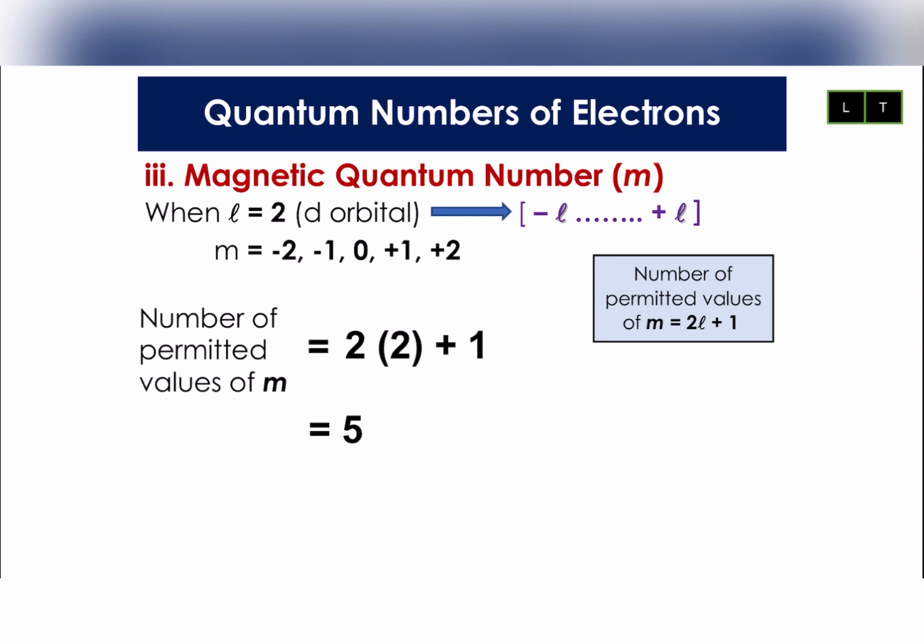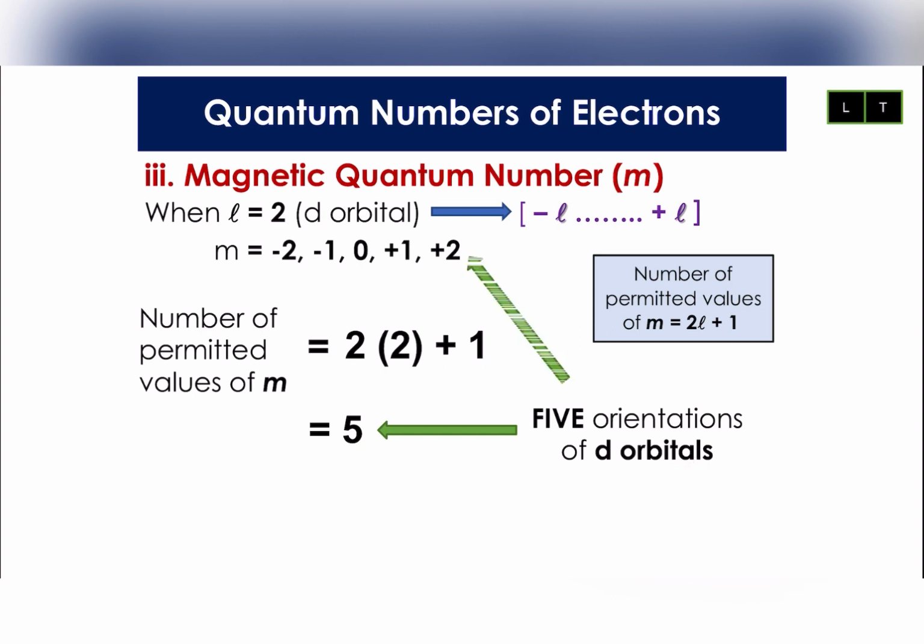So I will have 5. So 5 here is showing that there are 5 orientations of d orbitals. So this is where you have first orientation is M equals to negative 2. Second one is M equals to negative 1, and so on. So it means that this value for M is correct because I have 5 of them.